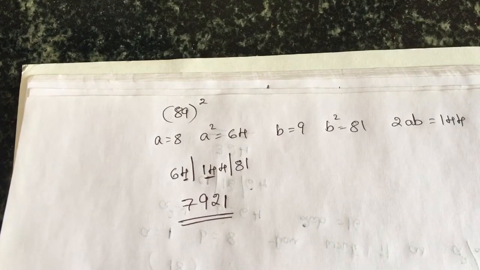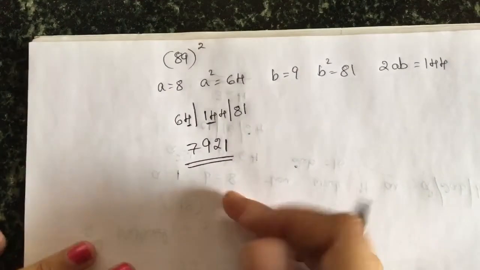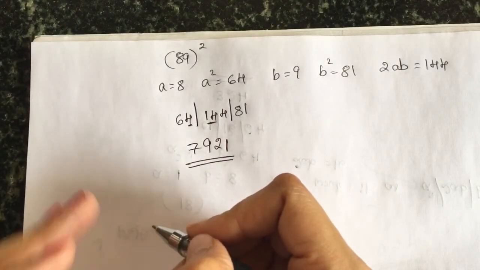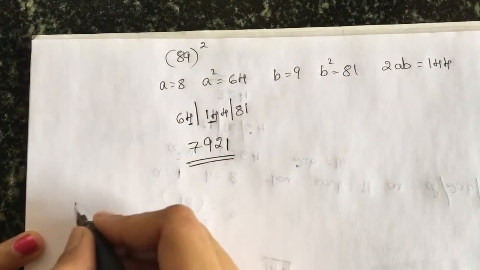Now this is all about taking the number randomly. Suppose a 2-digit number or a 3-digit number which is near to 10 powers, like 100, 1000, like that. If that is the case, then how to calculate the square very easily.